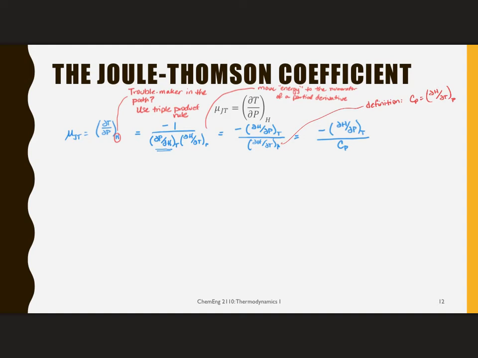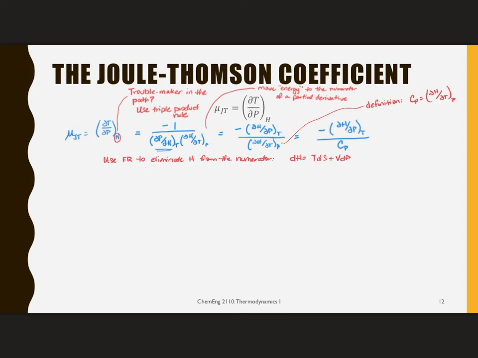Well, let's recall our fundamental relation. Our fundamental relation in the case of H is TdS plus VdP, and I am going to use this in order to eliminate the numerator that has the dH dP at constant T. How? Well, I'm going to simply turn this differential into a partial derivative.